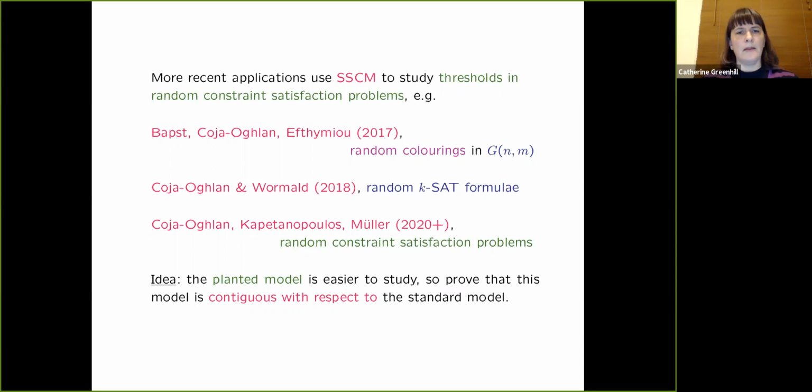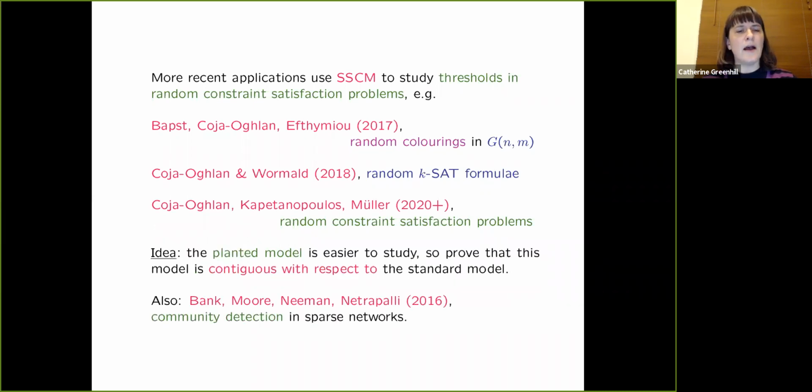So we have the Bapst, Coja-Oghlan and Efthymiou, random colorings in random graphs. Nick and Amin looked at random K-SAT formulae, and recently this whole industry has been blown out of the water with Coja-Oghlan, Kapetanopoulos and Müller, random constraint satisfaction problems. So that's a different flavour of applications of the small subgraph conditioning method.